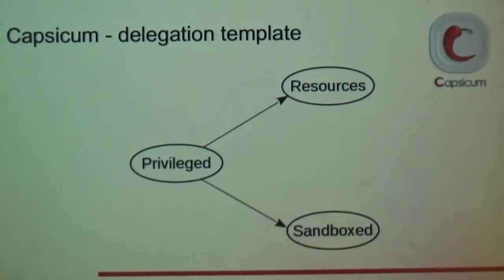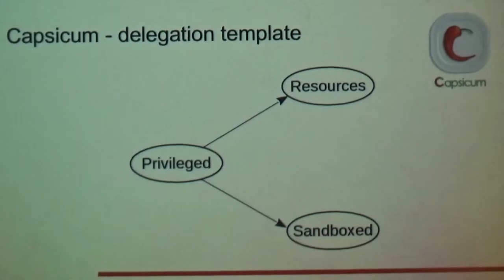So if we are talking about Capsicum, I also mentioned delegation. Delegation is a little bit more complex pattern in which we have two processes. One has access to some resources, for example, to the file system, or it can resolve some names for us, or it has access to a database.